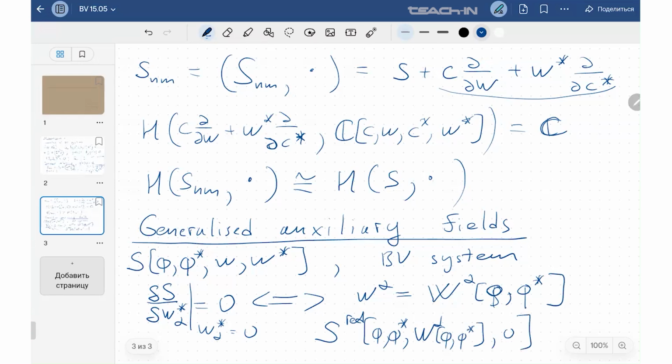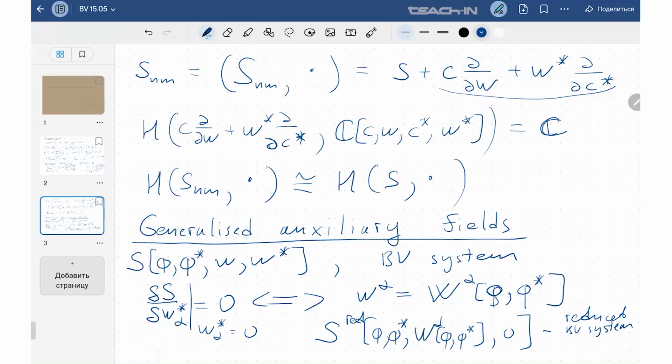So we restrict our initial BV action to the surface given by the Euler-Lagrange equation for W star, and we set W star to 0. This is the reduced BV system. We say that this BV system is obtained by elimination of generalized auxiliary fields W star.